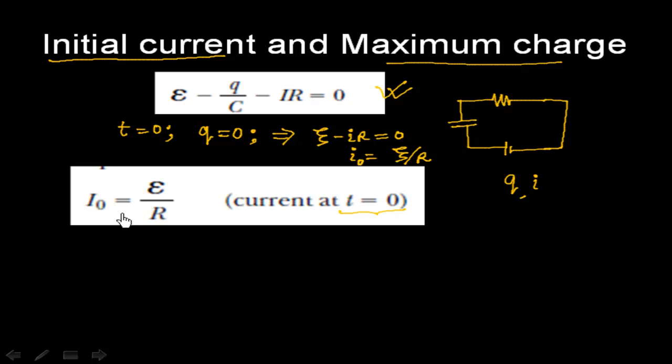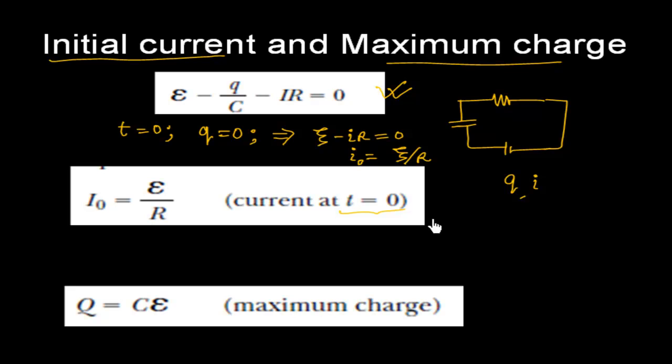So I naught equals xi by R. We can also find the maximum charge. This plate will have positive charge and this plate will have negative charge. Let us say the maximum charge value is Q naught. So what is the value of maximum charge?